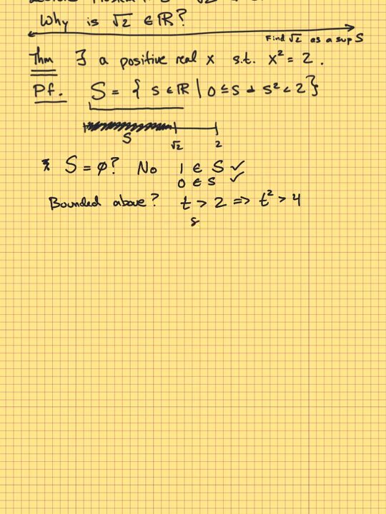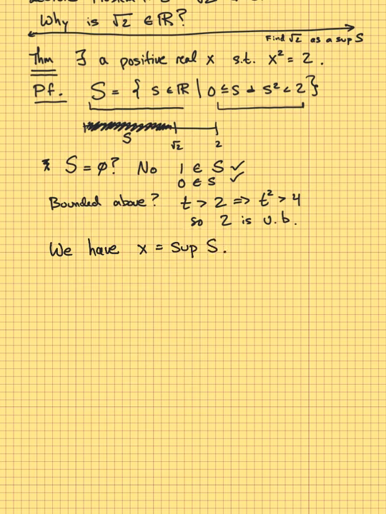So therefore, 2 is an upper bound for this set. If I take any number that's larger than 2, I know that it won't fit here. Okay? And this comes from, again, compatibility of ordering. Okay, so therefore, we have a sup. So we have an x in R, which is the sup of S.